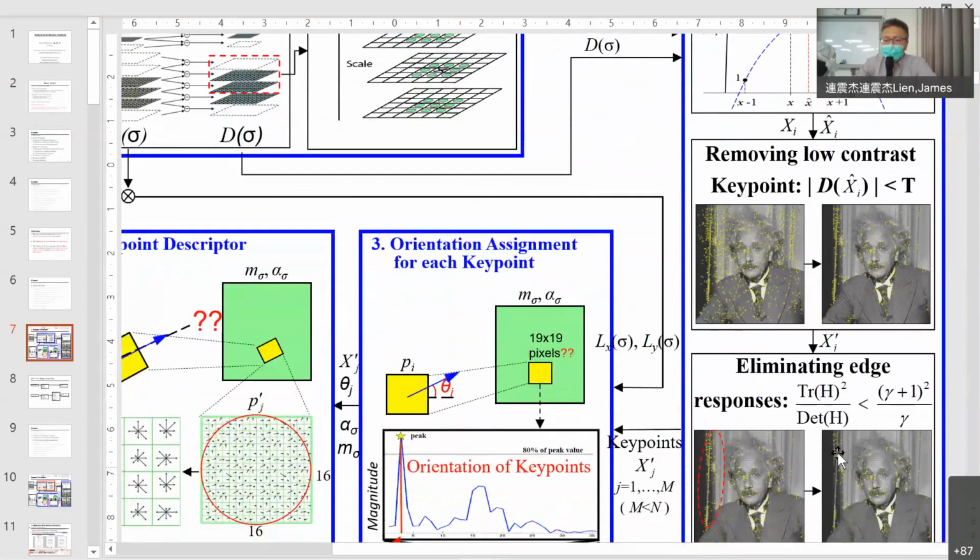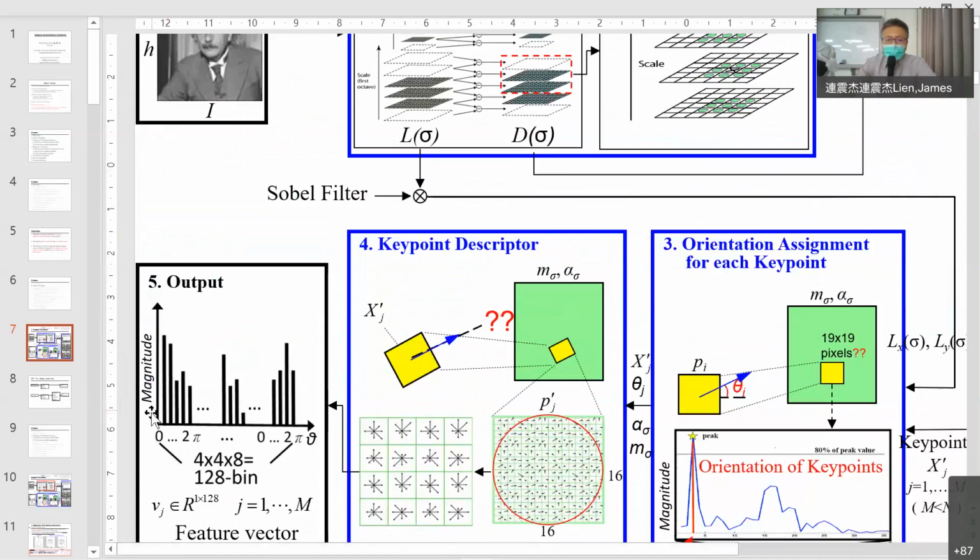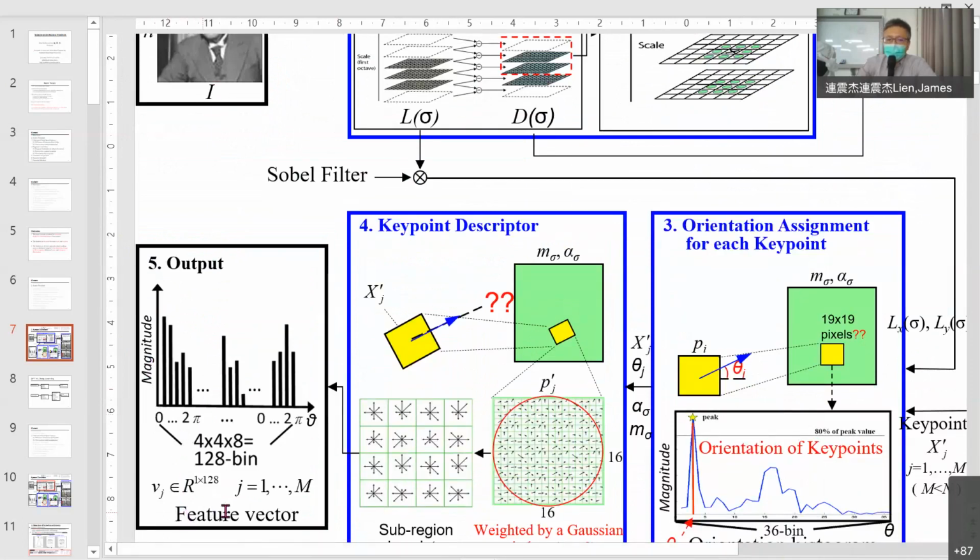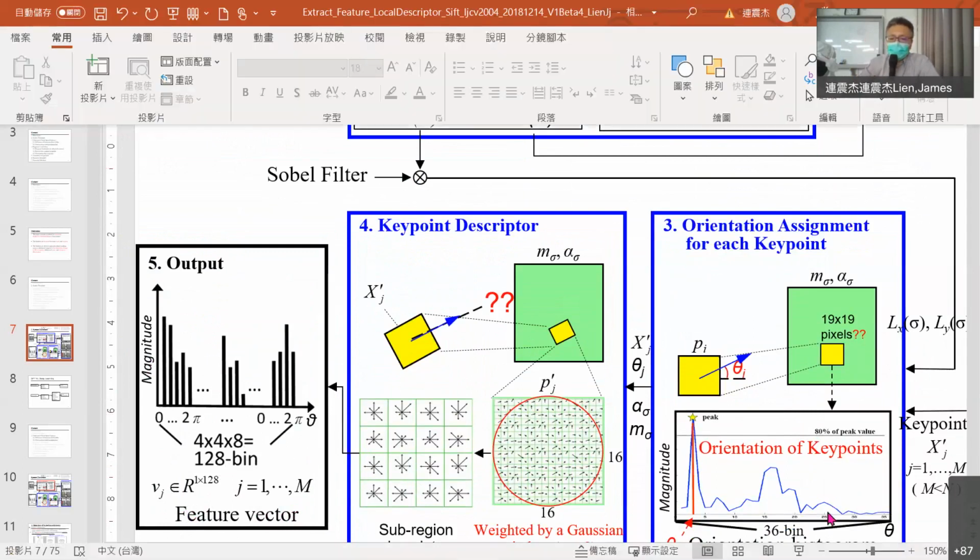For each corner point, we use one feature vector. One corner point corresponds to one patch. One patch will be represented by a feature vector, and this is the output of the feature descriptor, describing the feature of this patch. That's the purpose of this paper.